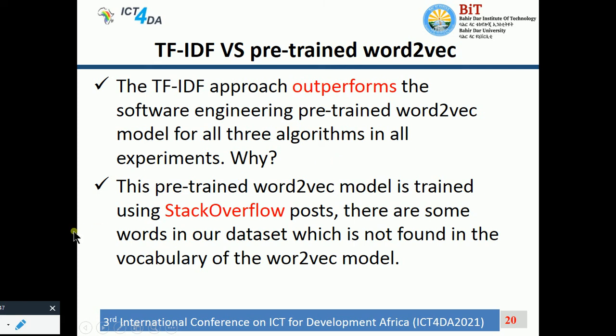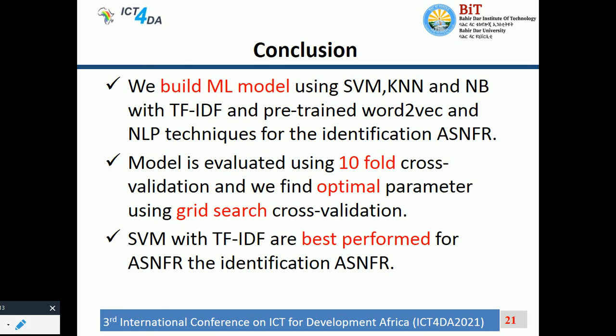This is because the pre-trained Word2Vec model was trained using Stack Overflow posts, and some vocabulary or words in our data are not found in the Word2Vec model's vocabulary. Those missing words reduce the performance. That's why TF-IDF performs better than the pre-trained Word2Vec.